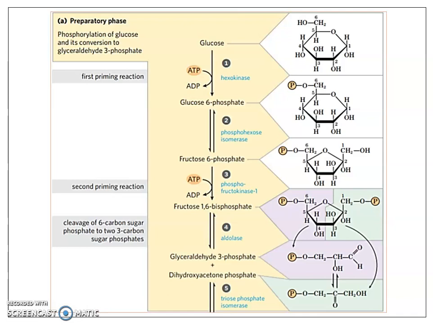Now hexokinase 4 is found in the hepatocytes, or liver cells, and the beta cells of the pancreas. Type 4 hexokinase is specifically responsible for phosphorylation of alpha D glucose, and hence type 4 hexokinase is also known as glucokinase.